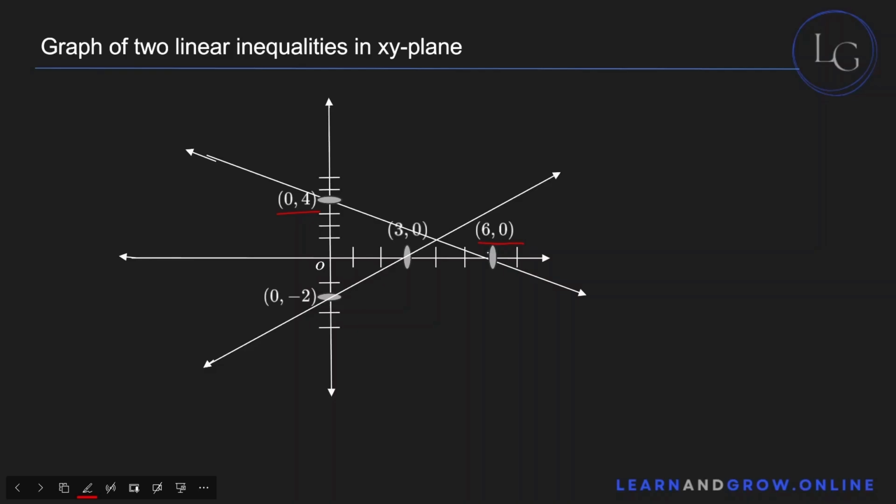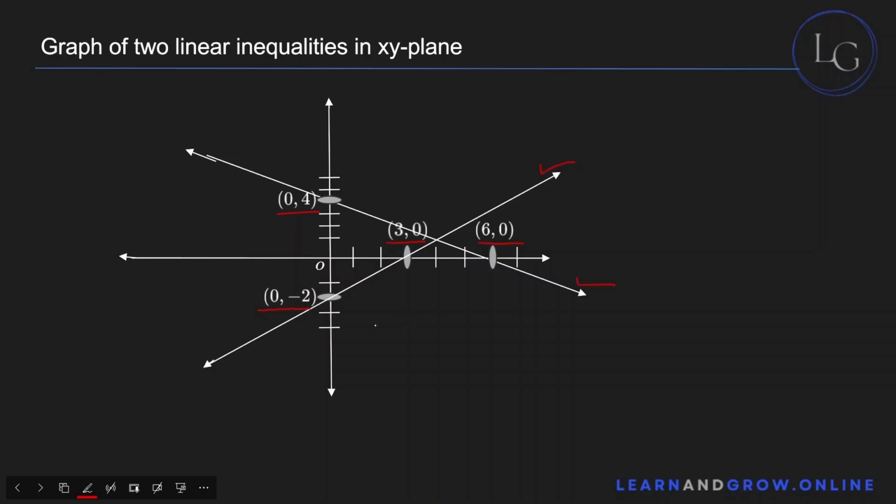And actually, I'm confusing, this is the y-intercept for inequality number 2 and this is the x-intercept for inequality number 2. So when you connect these two points, this is inequality number 2, this is inequality number 1.